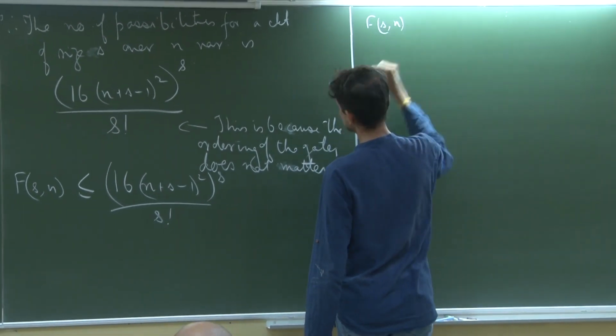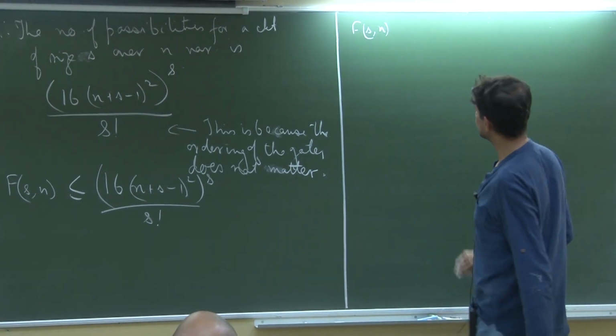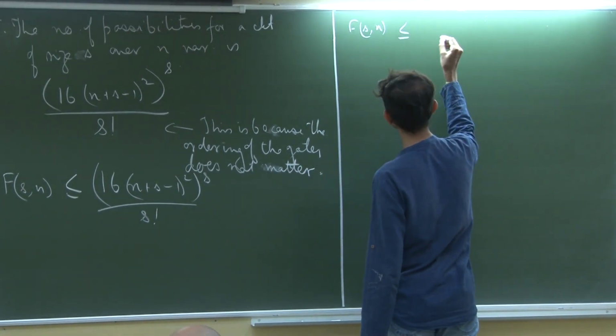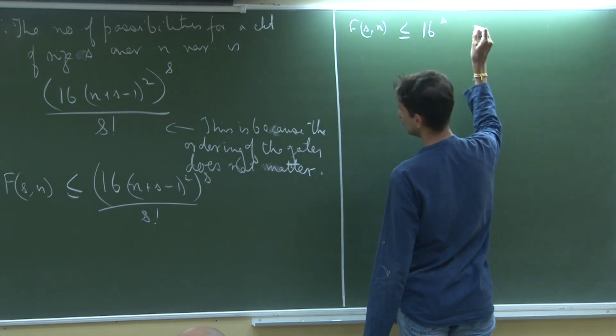Now let us try to simplify this quantity. First I will use Stirling's approximation for s factorial.